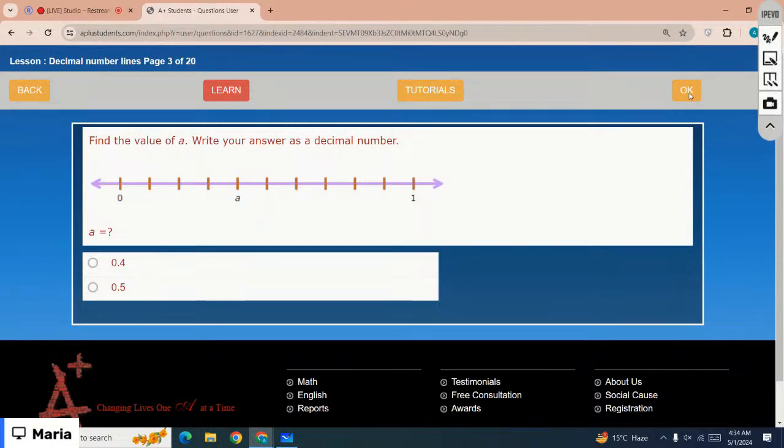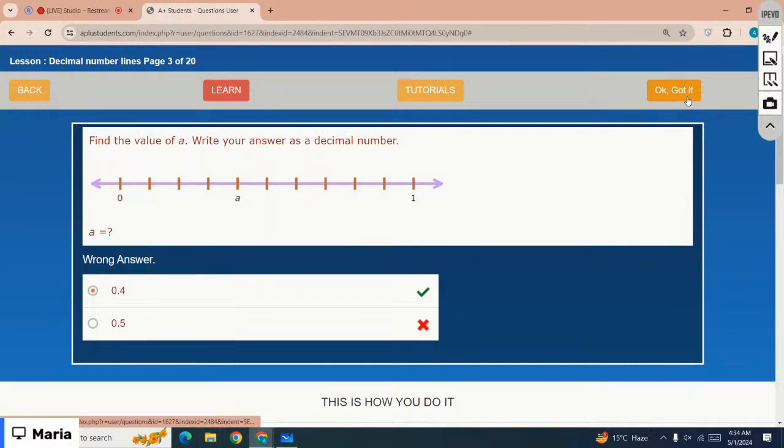Find the value of a, which is the correct option? Yes, the correct option is 0.5. Oh, sorry, 0.4 it is.